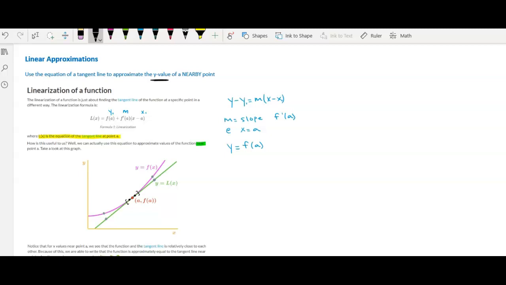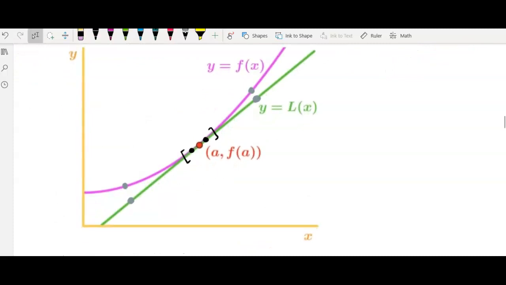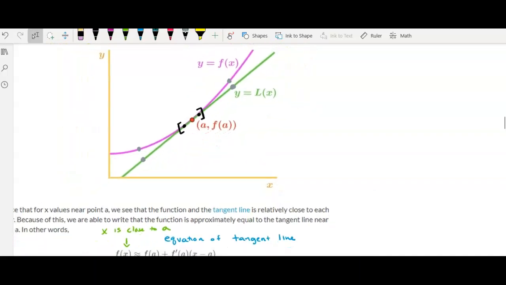So say here at x equals a, we're finding the equation of a tangent line at x equals a, and we're using it to find a y value near a. So as long as I stay relatively close to a, then it's going to be a pretty good approximation.